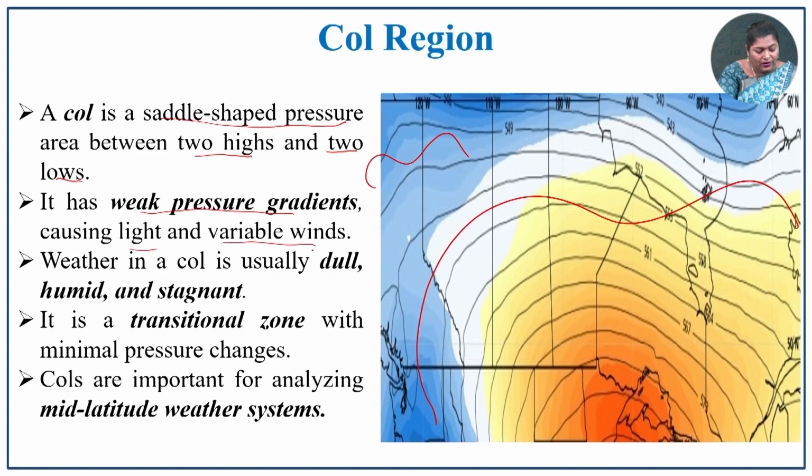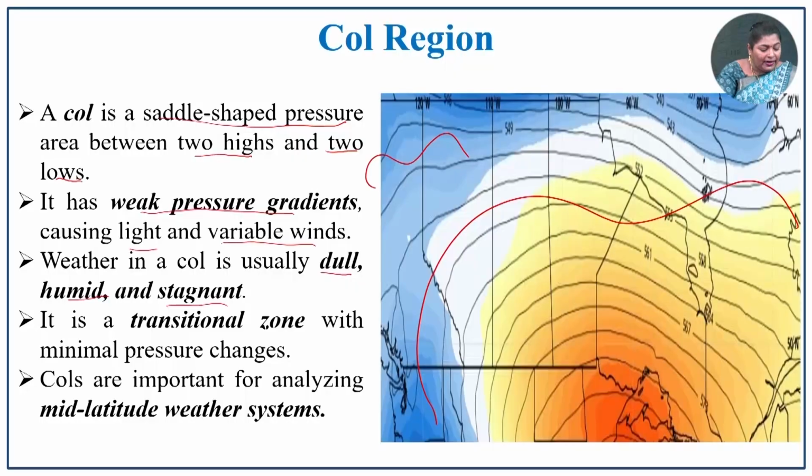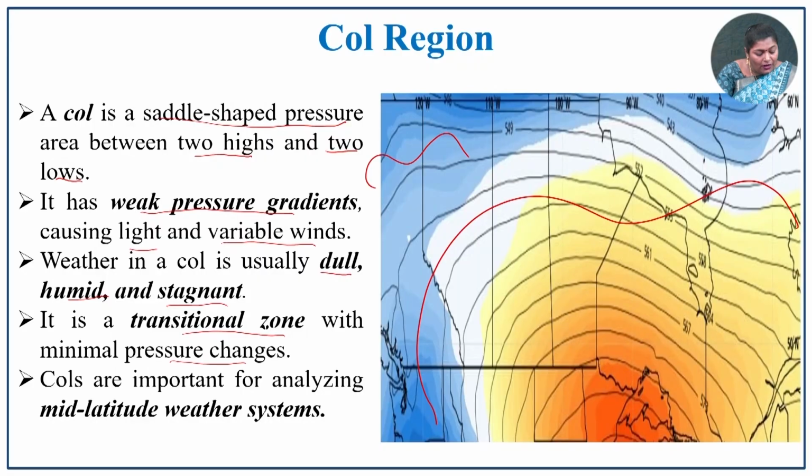Because of that, the weather will be dull, humid and stagnant. It is a transitional zone with minimal pressure change, between the high and low pressure regions. This col is the most important region analyzed in mid latitude weather systems. So, in middle latitudes you can witness this col region.